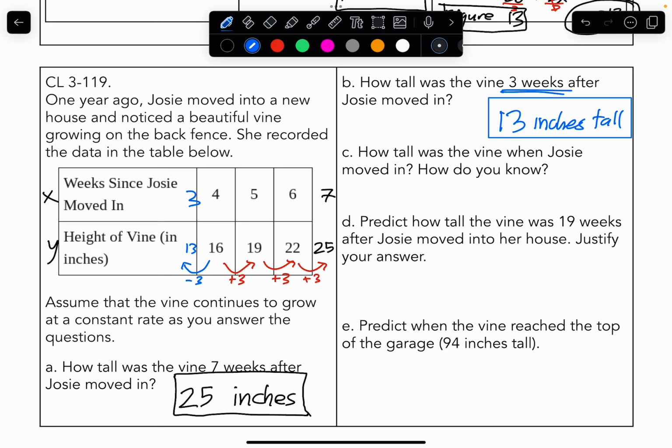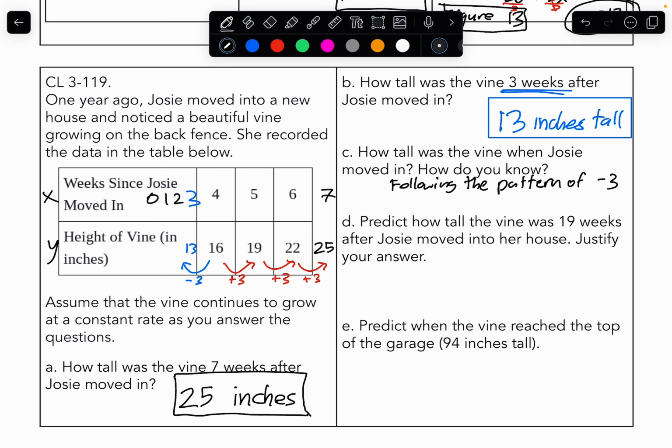Okay, how tall was the vine when Josie moved in? Ooh, this is a good one. When Josie moved in is going to be the 0. So you can follow this pattern of removing 3 inches, or subtracting 3.